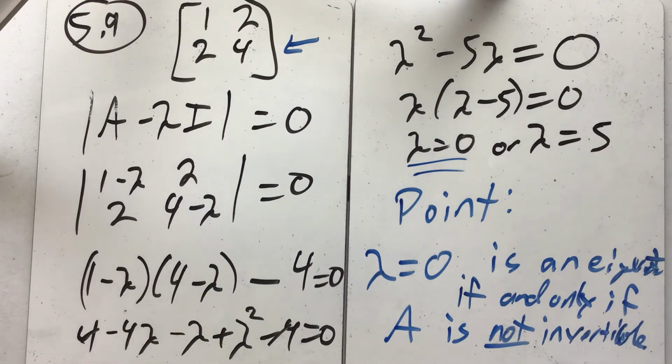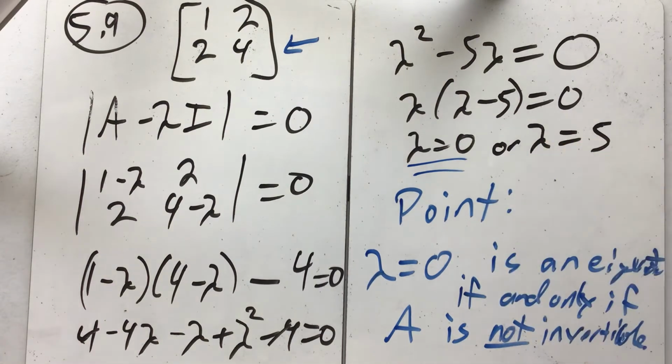You have things like the rank is n. All these things are the same. Finally, the determinant is not 0, and then the last thing you have is that 0 is not an eigenvalue. So this is the last one. This isn't the last one in existence, but it's the last one we're going to see this semester. So in our final version, we have T items that all mean the exact same thing. So there you go.